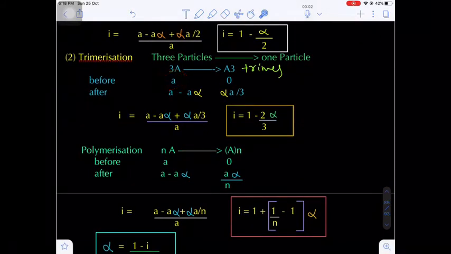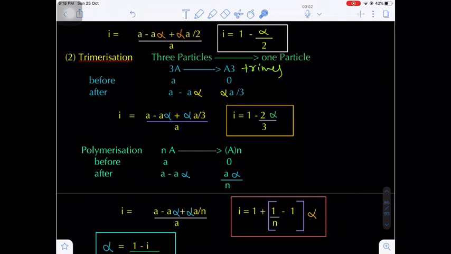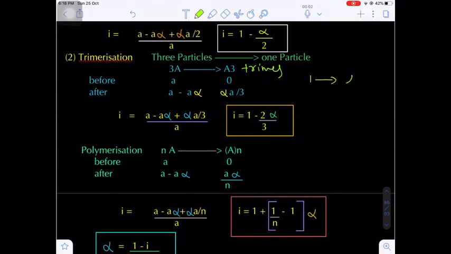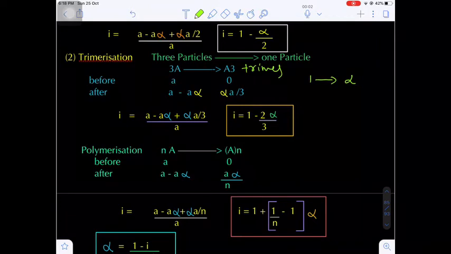From 1 mole alpha moles associate, so from A moles A alpha associate, the remaining moles of reactant are A minus A alpha, and the product will be A alpha by 3, because the stoichiometry of the reactant is 3. Are you getting my point? So how many moles here?